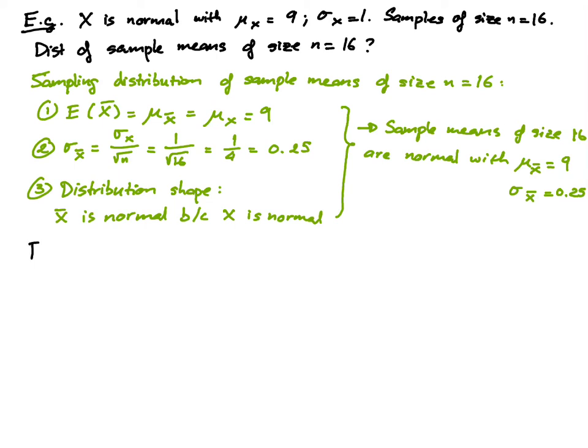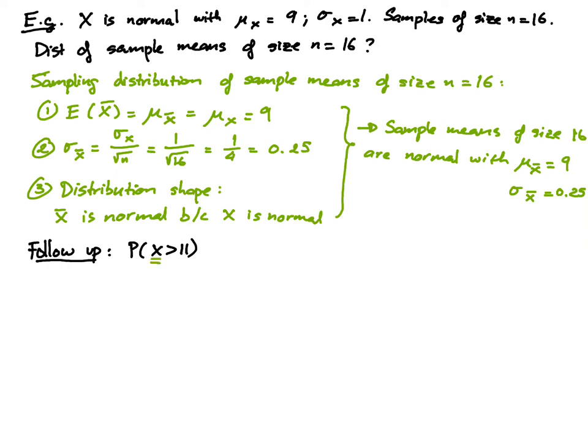Let's find the probability that x is greater than 11. Now, for this type of question, you want to first identify what you're being asked. Here we're being asked for the probability that x is greater than 11.